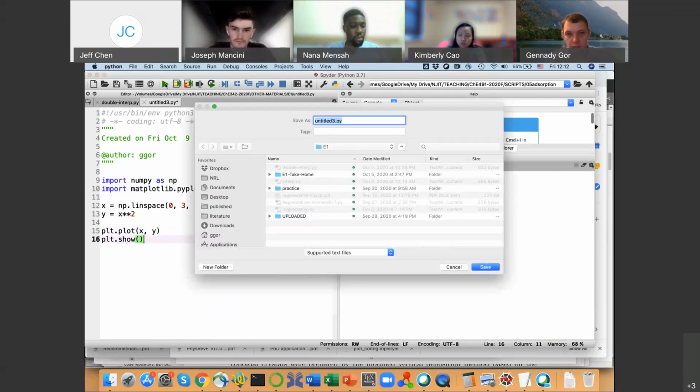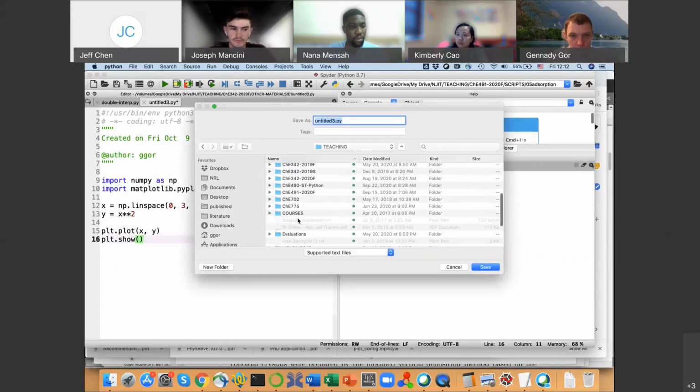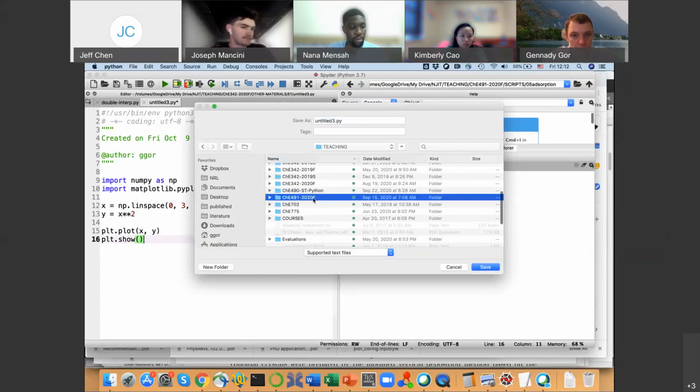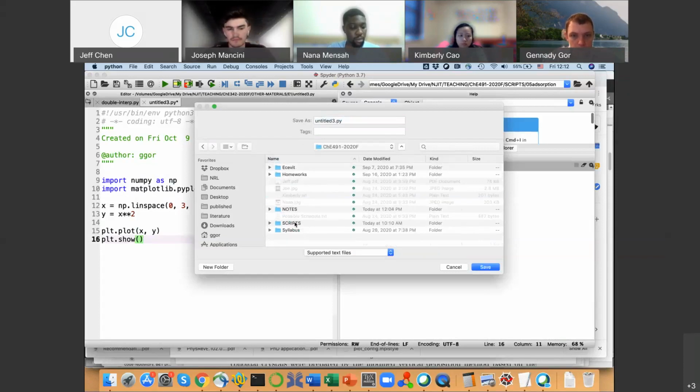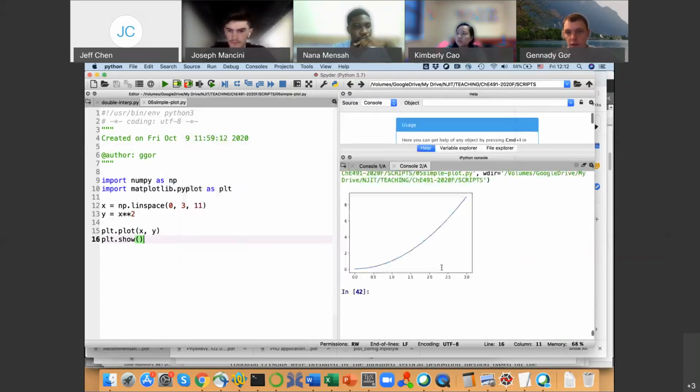Now it will ask me to save this file, which I'm going to do. Let me call it 05. It's our 5th meeting. Okay, simple plot. All right. And while I saved it, it already plotted everything, right?